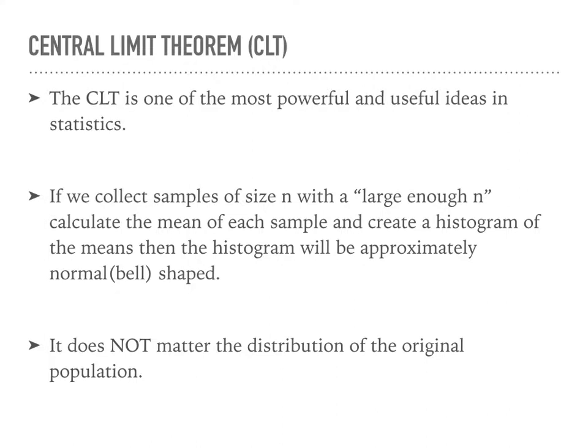It does not matter the distribution of the original population. And that's what makes this so great. As long as we're collecting samples of size n with a large enough n, the distribution of those sample means is going to be approximately normally distributed.